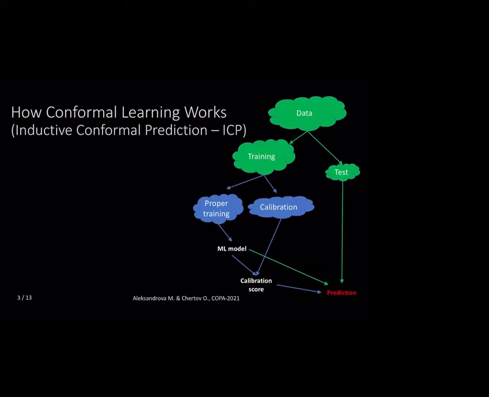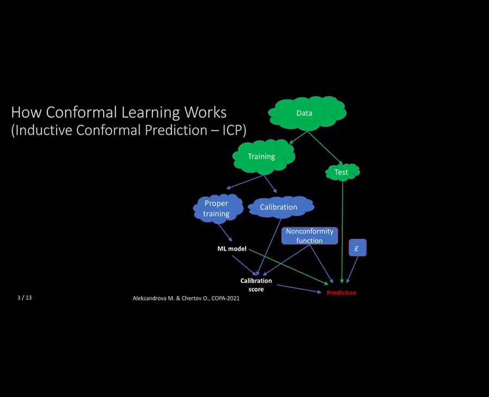Conformal learning framework is a bit more complicated, in particular the ICP framework. So we further split our training data set into a proper training data set and a calibration data set. The proper training data set is then used to build the predictive model as before, and the calibration data set together with the model is used to estimate the calibration scores.